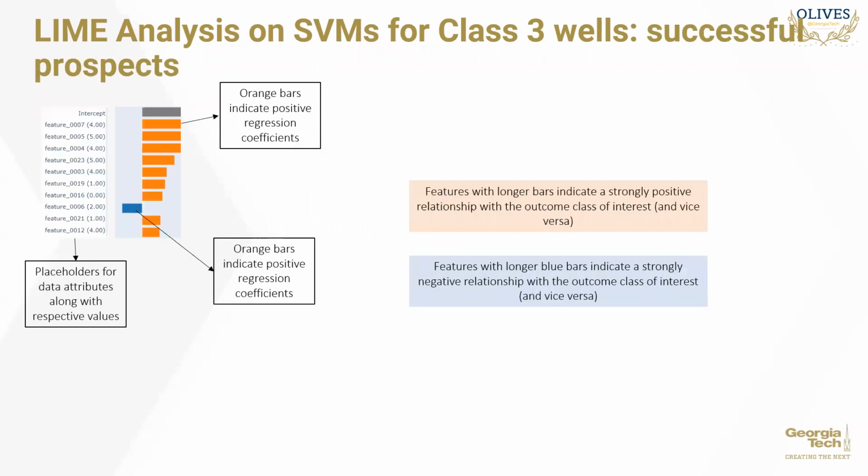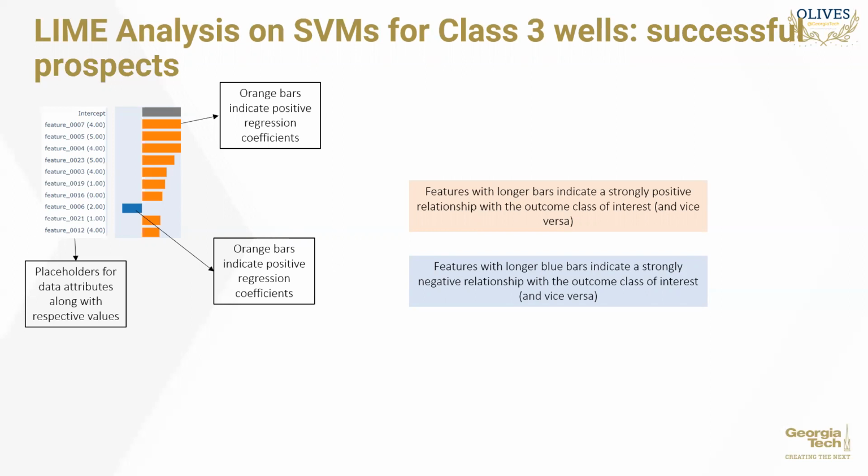LIME explanation outputs the coefficients for a linear model that is interpreted in the neighborhood of the data point of interest. So what you're looking at is one such explanation generated for one data point. On the left, there are feature names. There are substitute names for the different features that are present in the data set. And then inside the parentheses are the values that the feature takes on for that particular example.